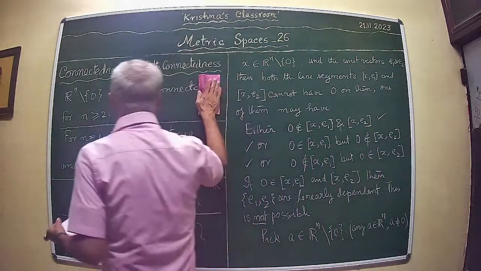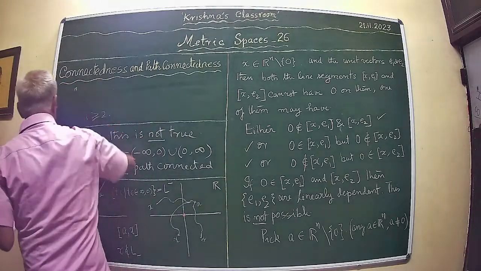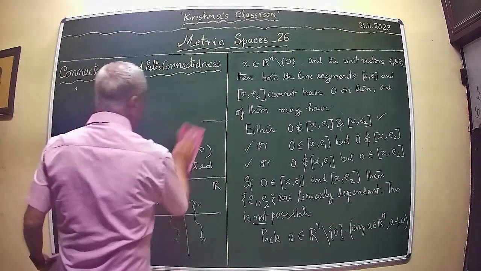So we show that it is path connected to every element of Rn \ {0}.